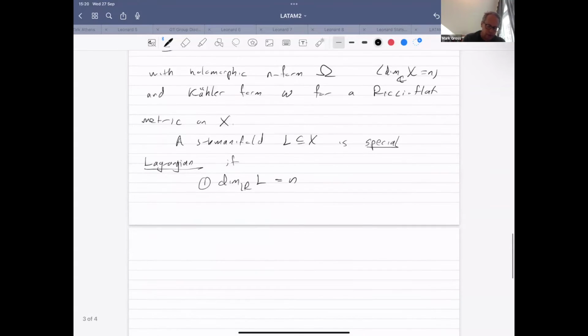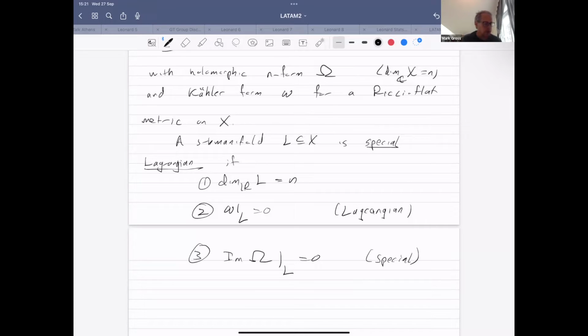So it's not a complex submanifold, it's a real submanifold. Second, it's Lagrangian. What Lagrangian means is that omega restricted to L is 0. And thirdly, it's what we call special: the imaginary part of the holomorphic form, restricted to L, is equal to 0. This is the special condition.